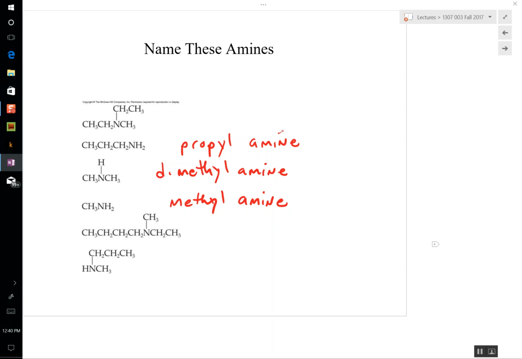Ethyl, diethyl. Diethyl, methyl, amine. Diethylmethylamine. Remember, you got to bring everything into the name. Diethylmethylamine. All right? It brings everything into the name. Got 2 ethyl groups and a methyl.